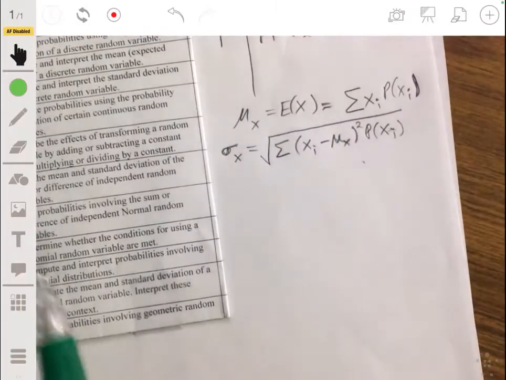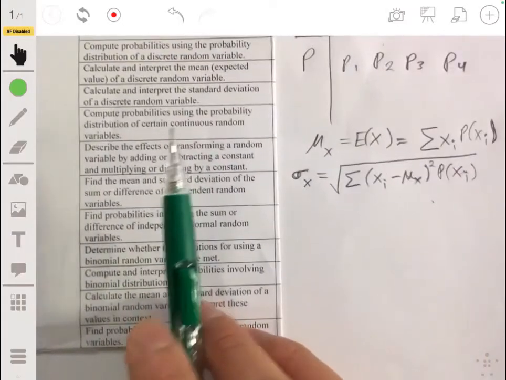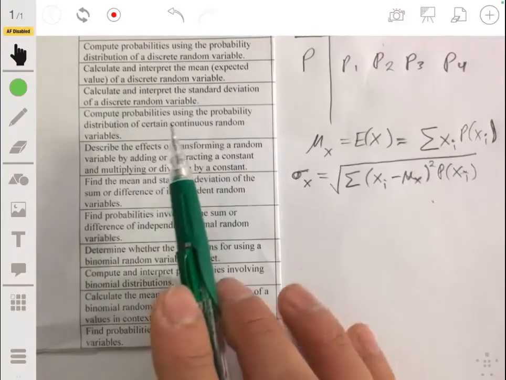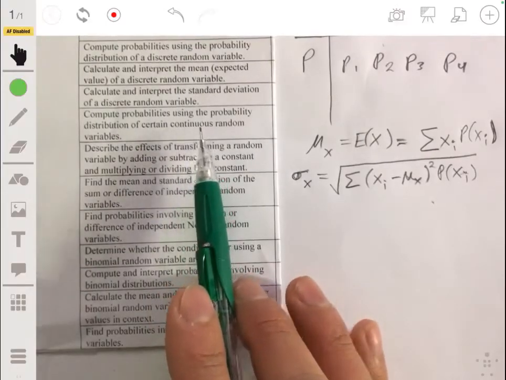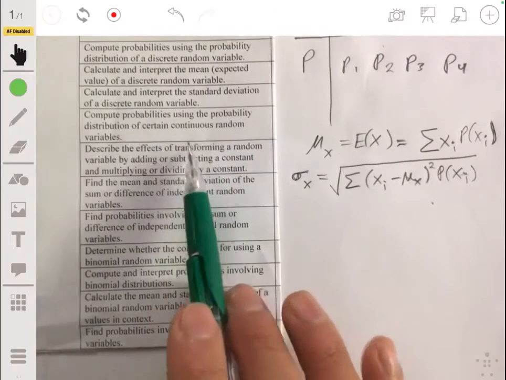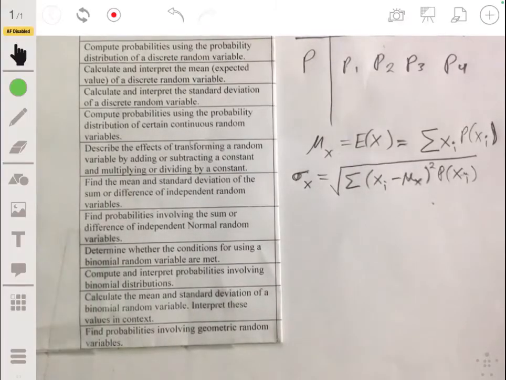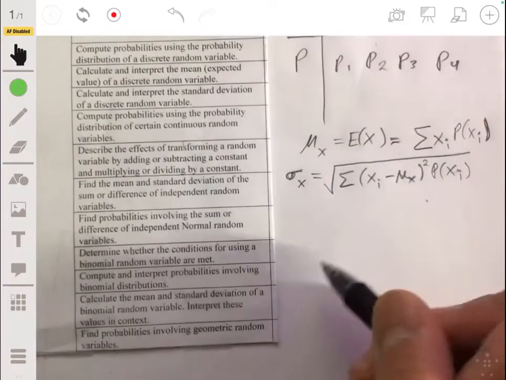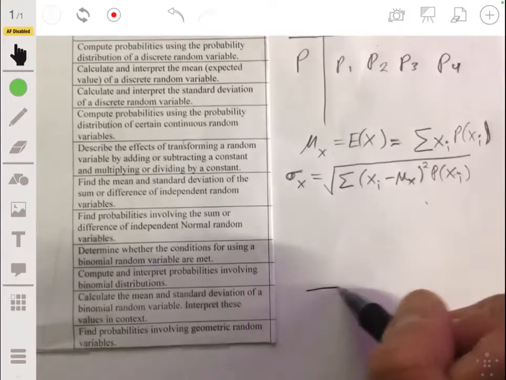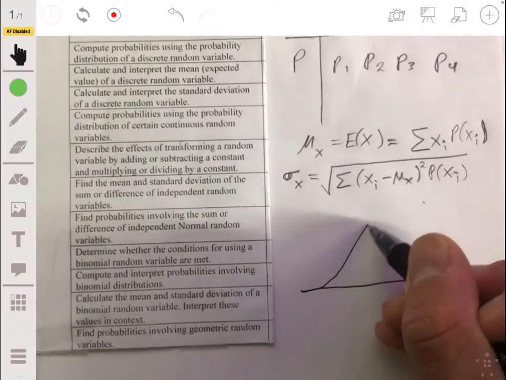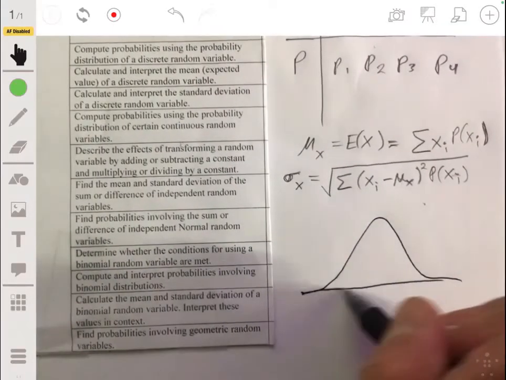All right, let's look at the next objective we got to know. So you got to compute probabilities using the probability distribution of certain continuous random variables. Now, all this is actually dealing with is what we learned in chapter 2, where we've only really learned normal distribution.